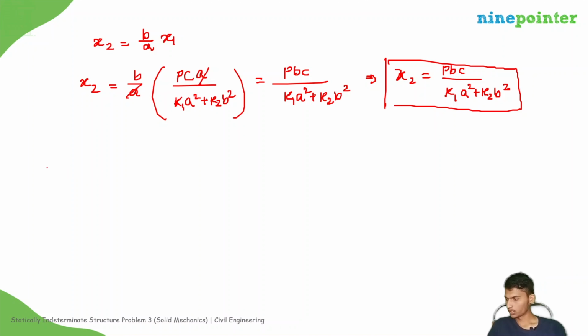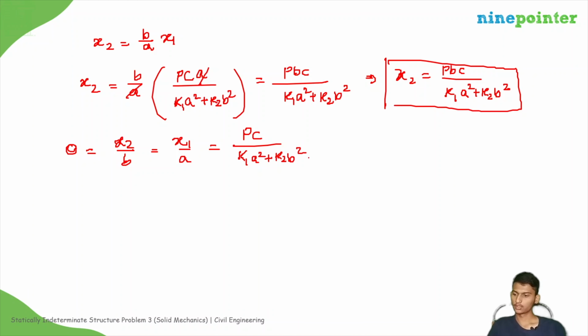What is theta? Theta is x2 by b or x1 by a. That will be equal to PC by K1 A square plus K2 B square, right? They said that it is less than or equal to 3 degrees. So PC divided by K1 A square plus K2 B square, we need to convert 3 degrees into radians. That will be 3 divided by 180 into pi.